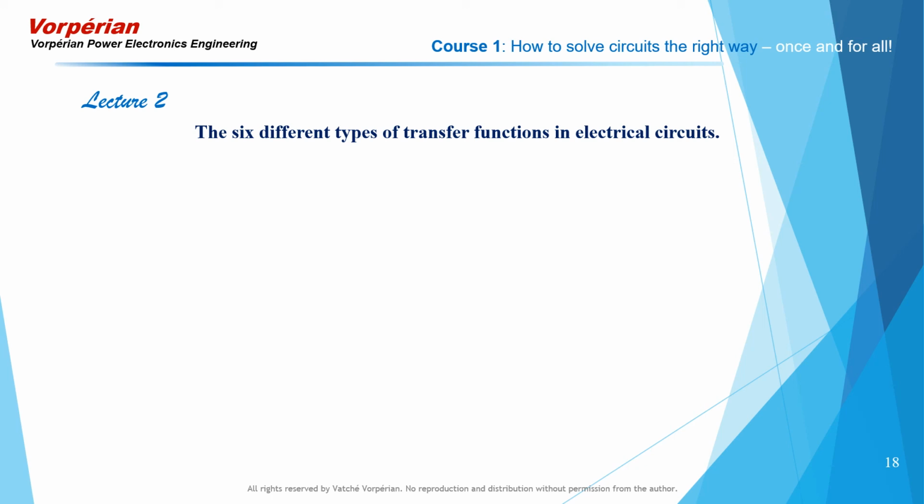Now, in addition to the four well-known transfer functions that we just talked about, we add the impedance looking into a port of a network and its reciprocal, the admittance looking into a port of network, as two additional transfer functions of an electrical circuit.